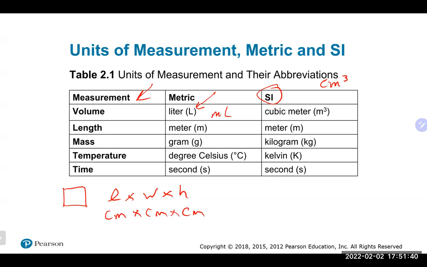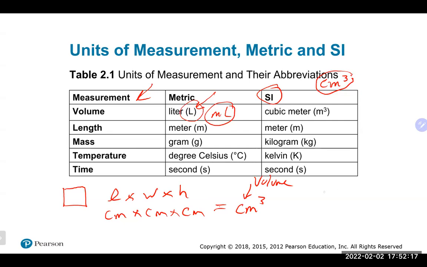But when you multiply them all together, centimeters times centimeters times centimeters, you end up with a cubic centimeter, which represents a volume. So typically, if you take any type of length measurement and you cube it, that will give you the volume of an object. Obviously, individually, each of those measurements in centimeters represents length. By the way, we do see cubic centimeters a lot in chemistry. Milliliters and liters are very common units of volume that we see.